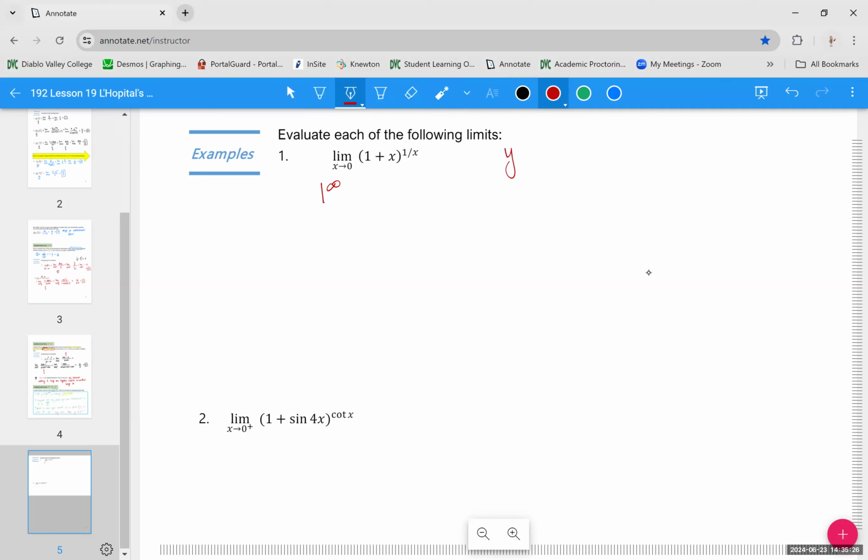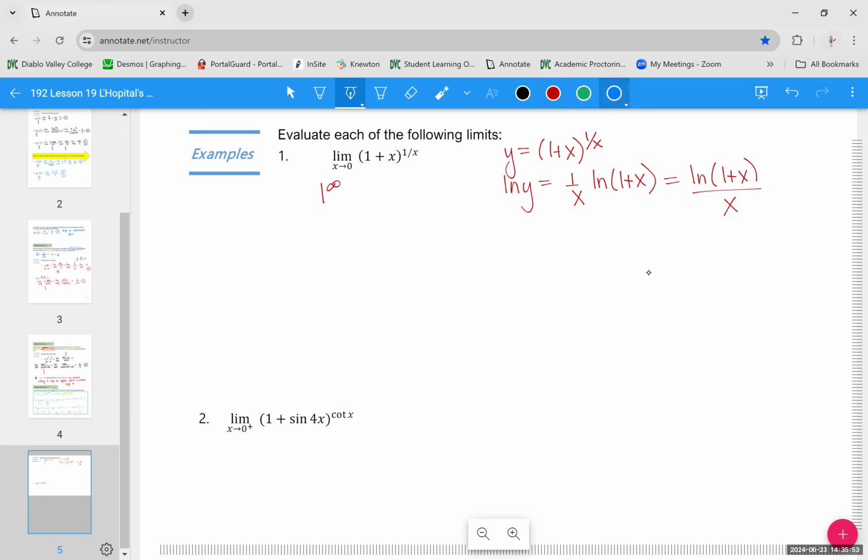So if I set y equal to that thing I'm taking the limit of, then ln of y will be pulling that exponent out front and then the ln of the base. And actually you can kind of already write it in a rational form, numerator and denominator.